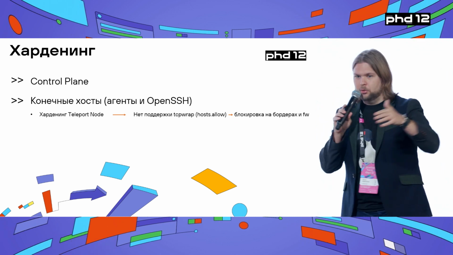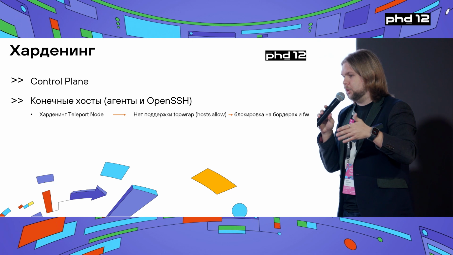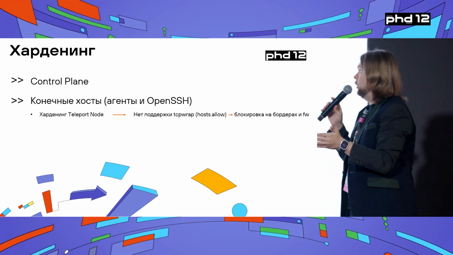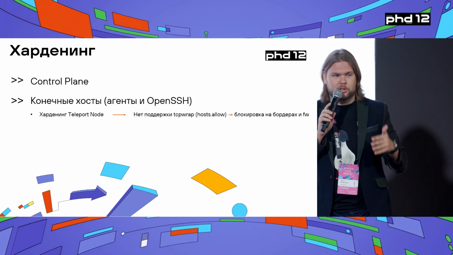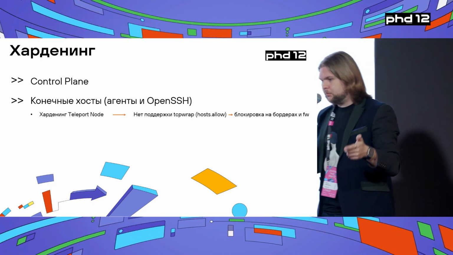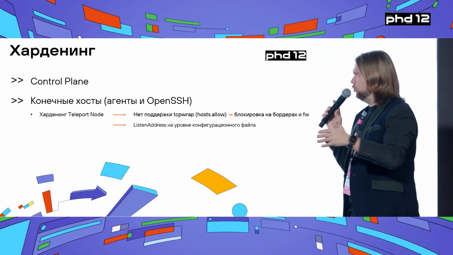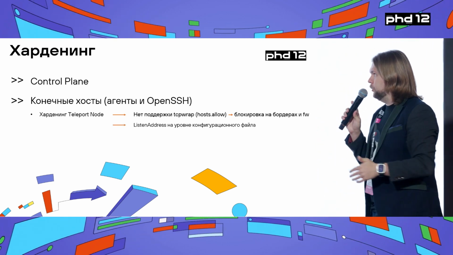So for the Teleport node, you cannot have a hosts.allow config to grant access to the Teleport node from your local network. This is not going to work. That's why you should find some workarounds here and block access to the Teleport node at the border level or with firewalls, local or internal ones.